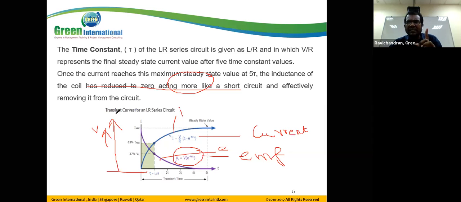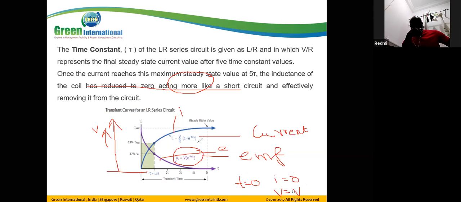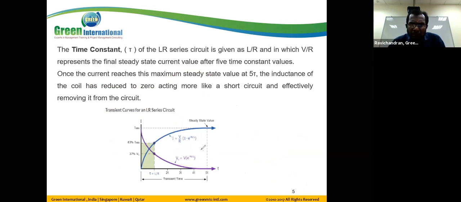So for the RL series circuit, at t is equal to 0, I is equal to 0, V is equal to the applied voltage. So here we remember this formula: VL is equal to V e to the power of minus R by L t.